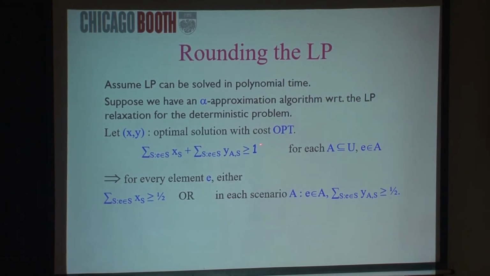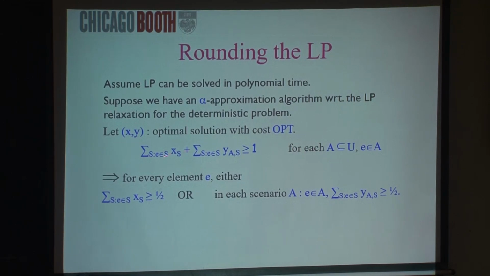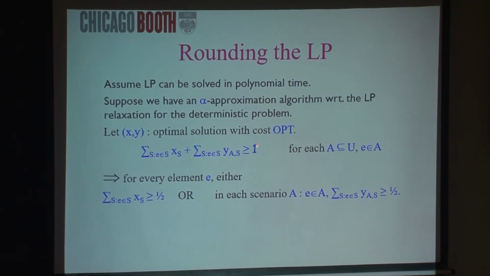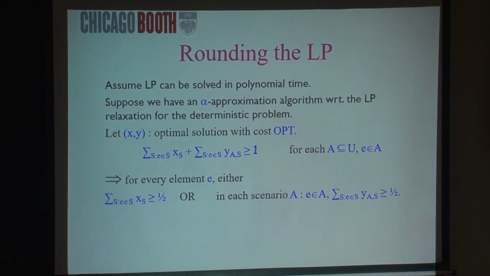Then what should be true in that optimal solution is, let's say my optimal solution is given by a set of facilities X in the first period and then a set of facilities that's installed in the second period Y. I know that I have to cover all of the clients for any outcome A of clients that are seeking demand in that second stage.